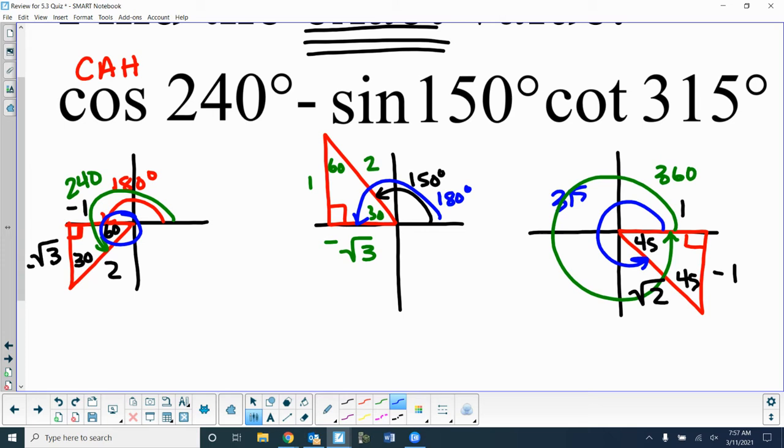So we know where the opposite side is, where the adjacent side is, where the hypotenuse is. So Nathan, what's my fraction for this picture, cosine? Adjacent over hypotenuse. Looking at this angle here, that's circled in blue, what's the adjacent side? Negative 1 over 2. Good. Negative 1 is the adjacent side, hypotenuse is 2. So that's that answer.